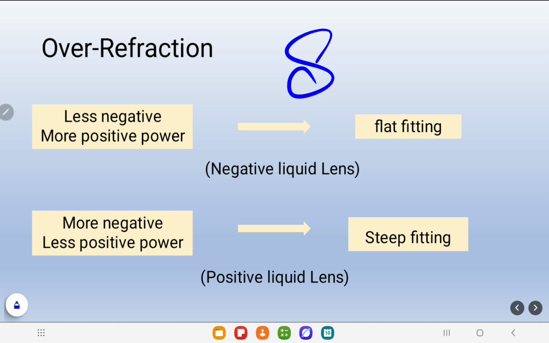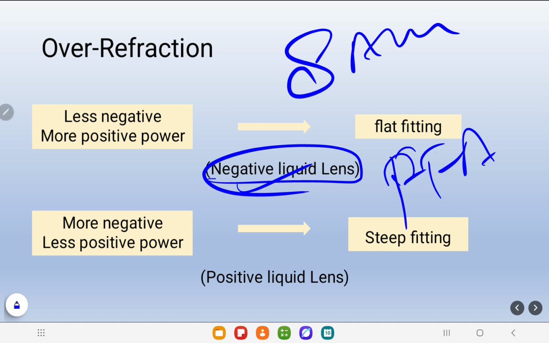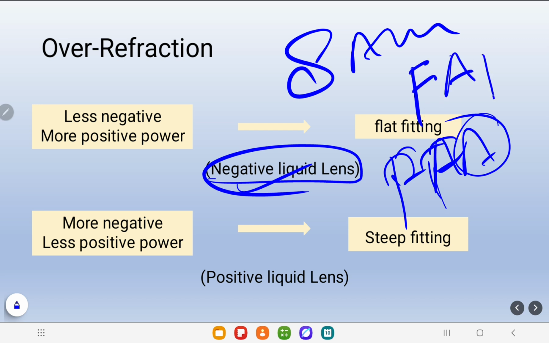Obviously we know the SAM and FAP rule. Yes, so basically it means less negative, more positive. Whenever there is a negative fluid lens, what it causes is a flat fitting. So in flat fitting, what do we do? In case of flat fitting, SAM or FAP: the lens is negative, so flat fitting, FAP, flat fitting add positive, because the tear lens is negative, so it's the FAP rule.